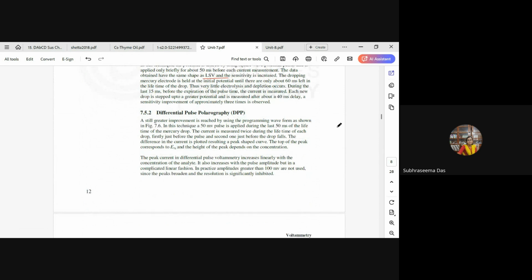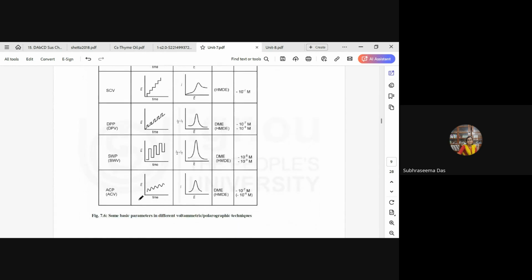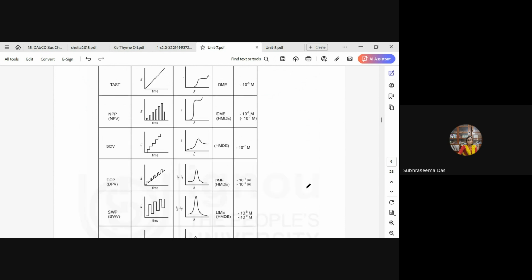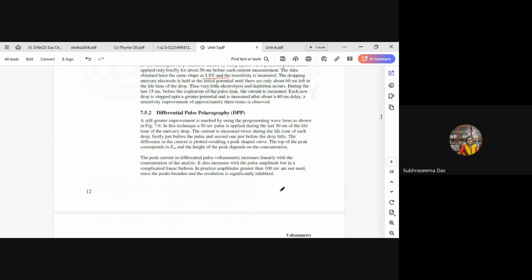Then coming to differential pulse polarography, or DPP. This is an improved form of voltammogram. Here in figure 7.6, some of the basic parameters have been shown. When we look at DPP, this is how the plot looks. In DPP, a 50 mV pulse is applied in the last 50 ms of the lifetime of the mercury drop.